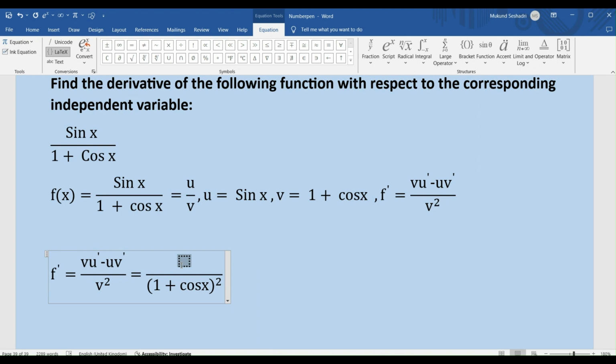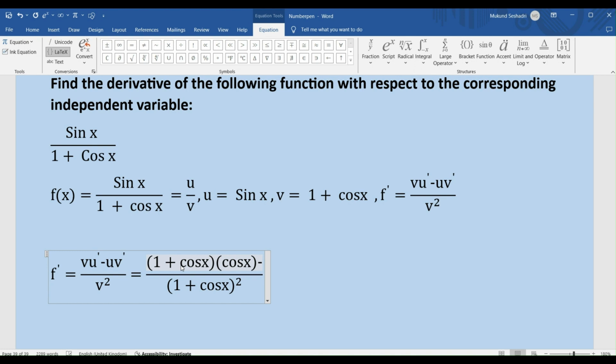And this is where I wanted all of you folks to pay a little bit of attention. My v is 1 plus cos x, so I'm going to write it as it is, right? And my u dashed is d by dx of sine x, which is cos x, right? So there I have my vu dashed, and what is my uv dashed?